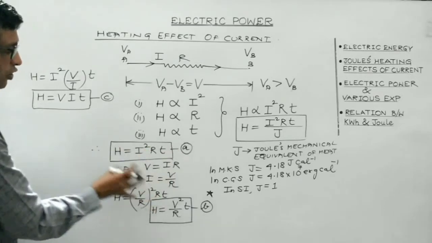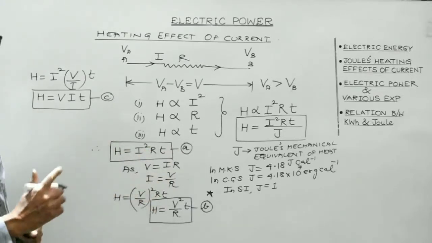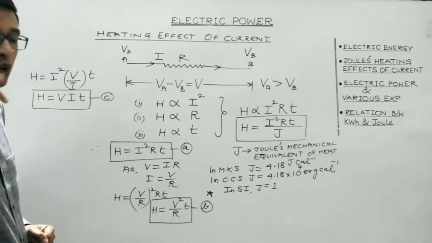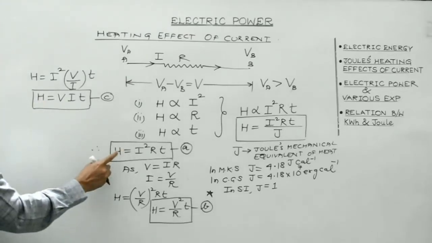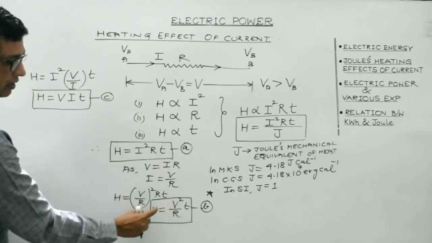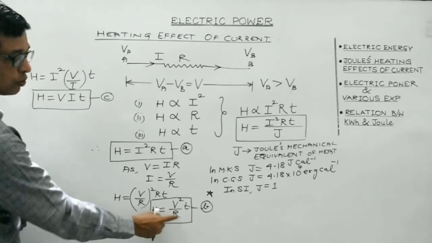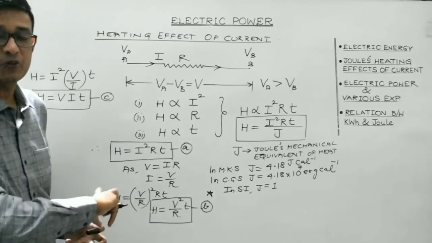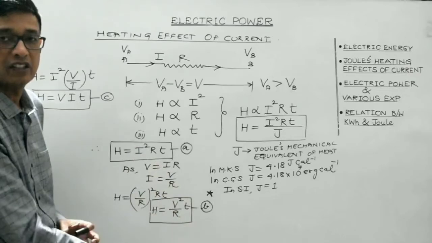Here, just consider the expressions, and I would like to mention one very, very important fact. Here it will appear that heat is directly proportional to resistance, and here it will appear that heat is inversely proportional to resistance. The same expression for the heat, but two different results, right?